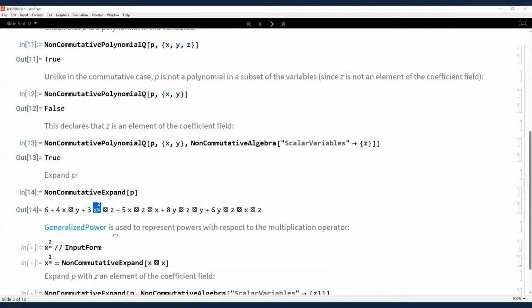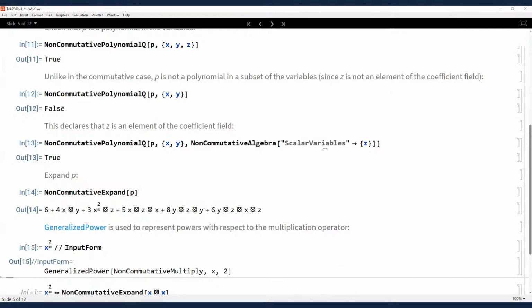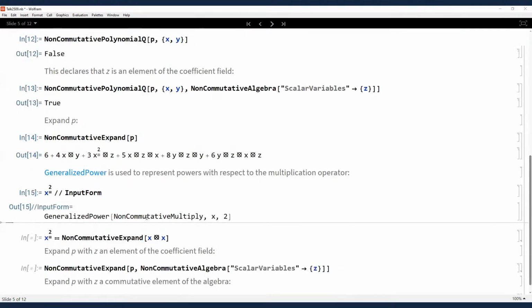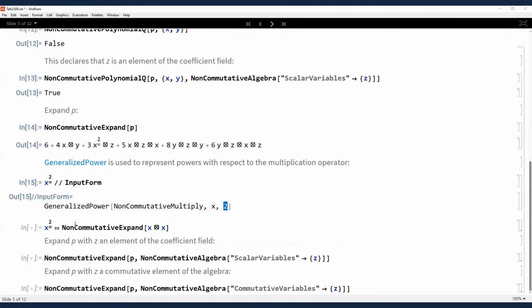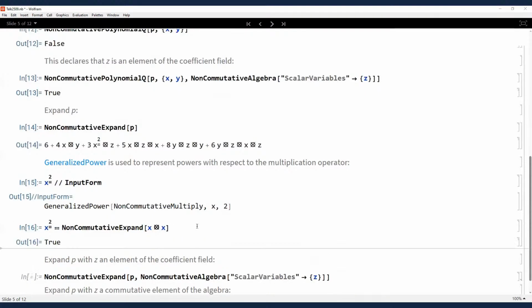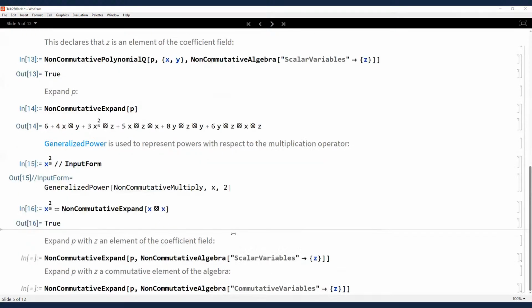This is generalized power of non-commutative multiply. So let's see the input form of this: it is generalized power, the operation x, and it's a second power. And as you can see, second power of x is the same as x non-commutative multiply with x.